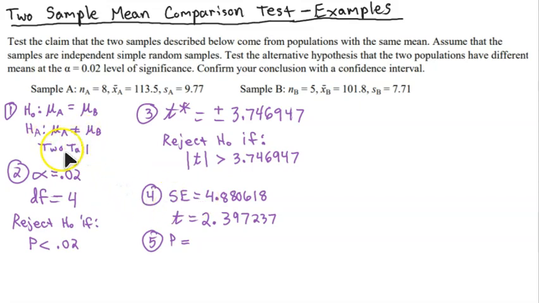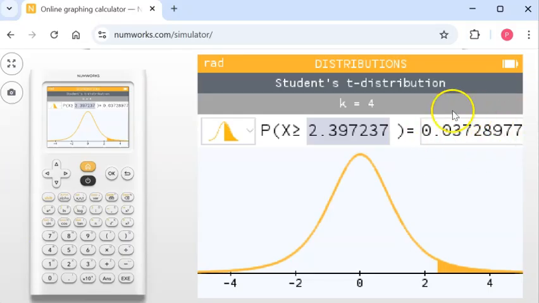Now, this is a two-tail test, so we actually have to double this. We have to multiply this times 2. So I'm going to grab another calculator and key in this number, 0.03728977.